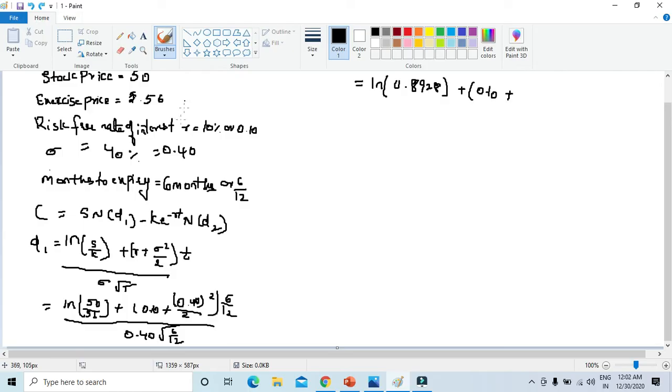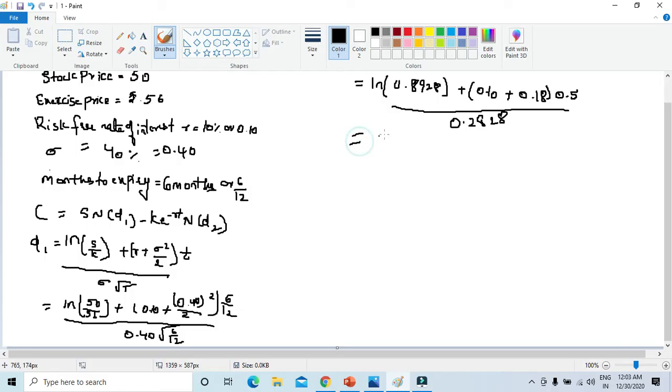Divided by 2, it will be 0.18 into 0.5, divided by 0.2828, which is 0.40 under root 6 by 12.